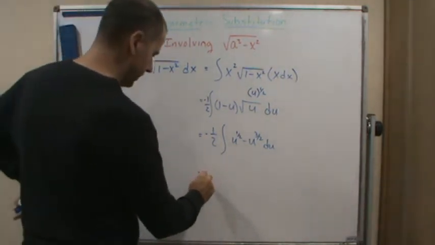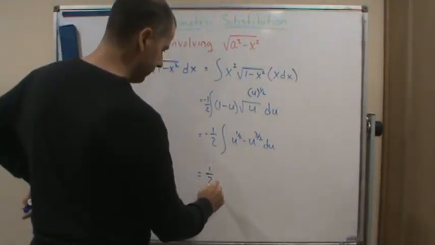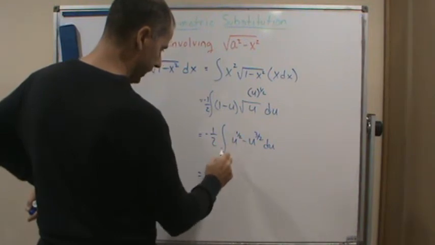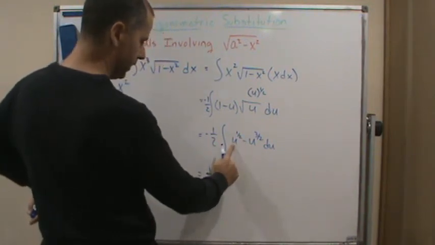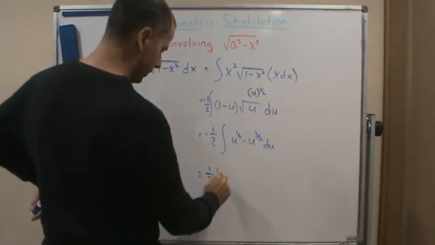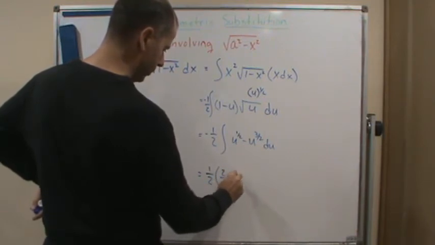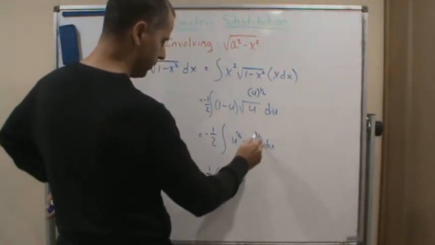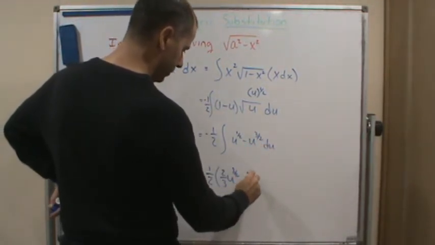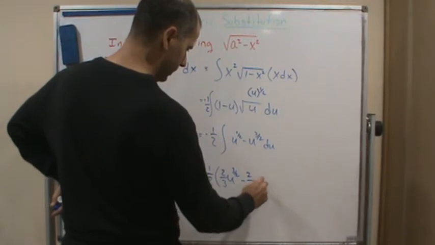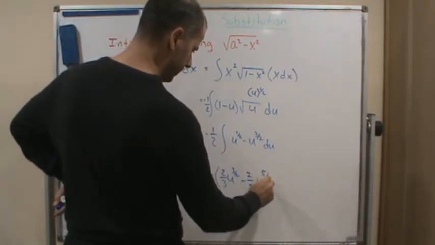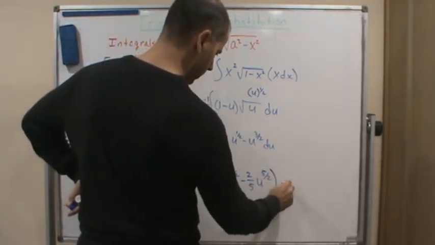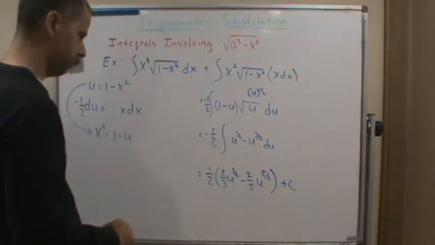And now I just integrate. So I just get negative 1/2, and I get, well, what do I get? I get this becomes 3/2, so I get 2/3 u to the 3/2 minus, well, this becomes 5/2, so I get 2/5 times u to the 5/2 plus c.